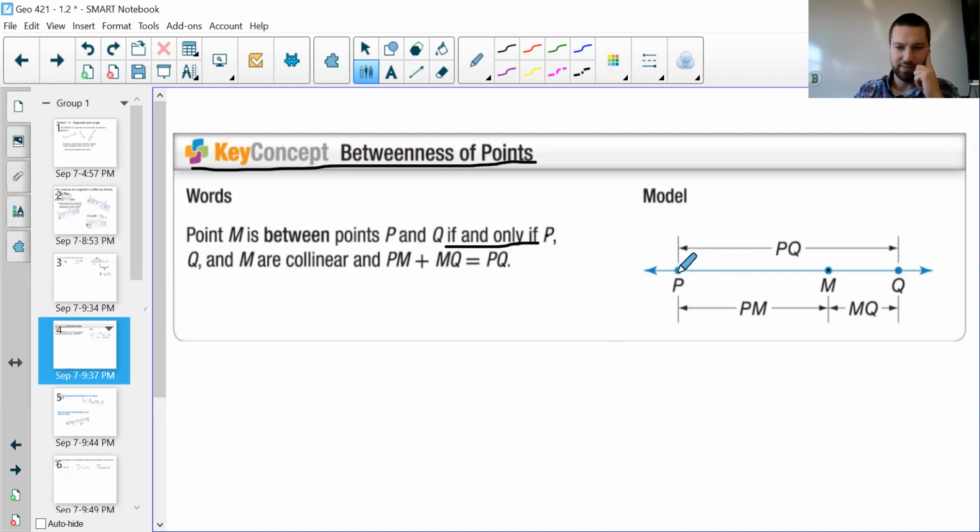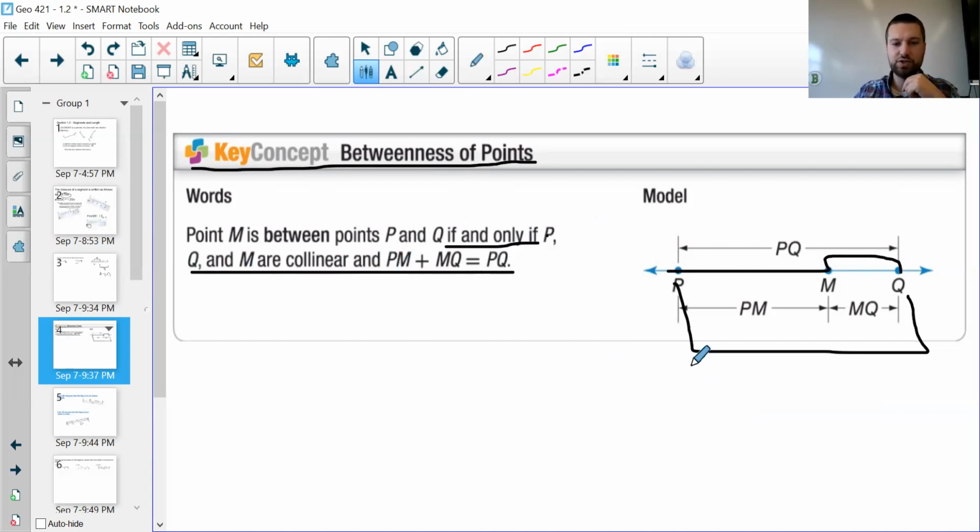So PM, this segment here, plus MQ equals the whole line, PQ. Then we know M is between those two points. Both those conditions, if and only if, have to be met, okay?